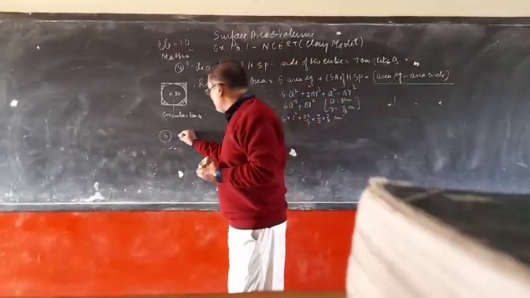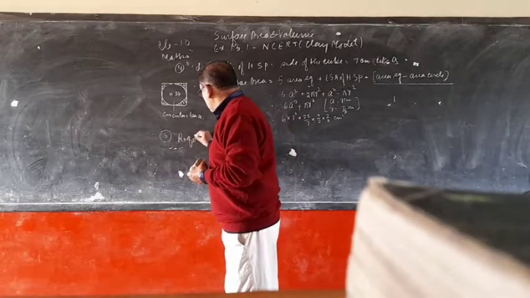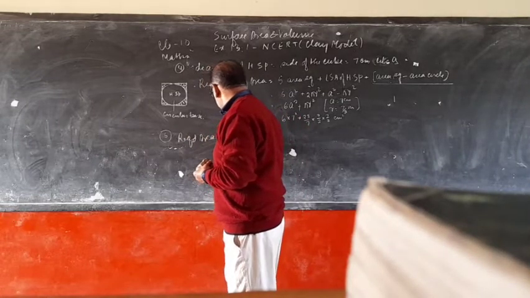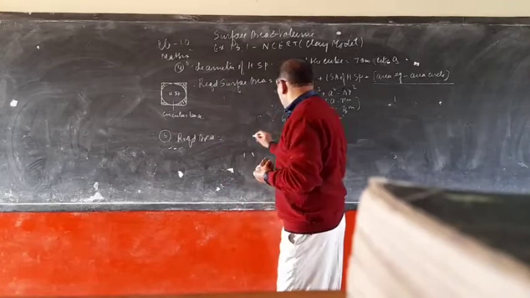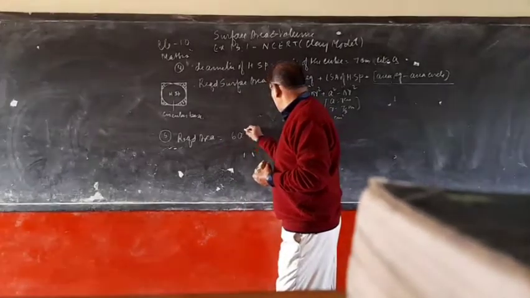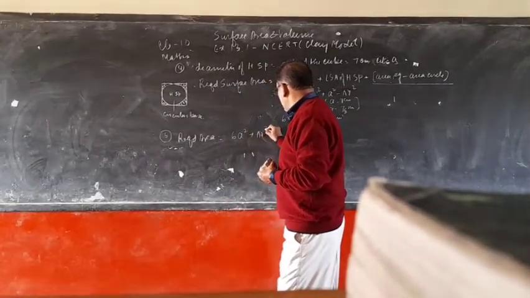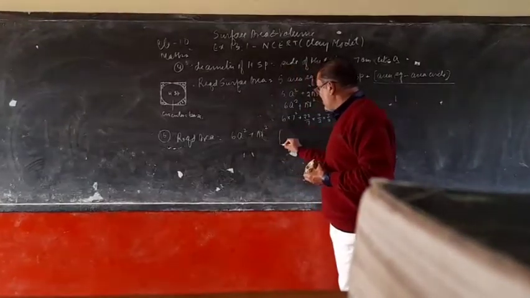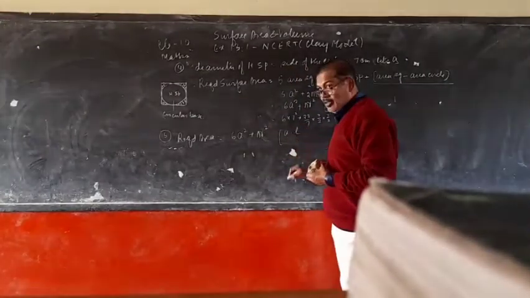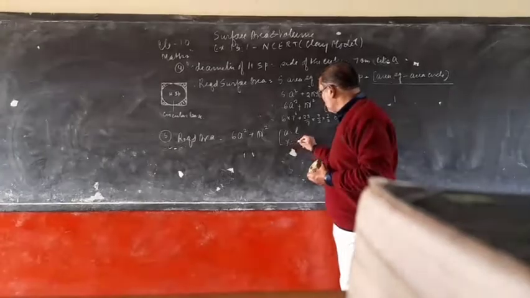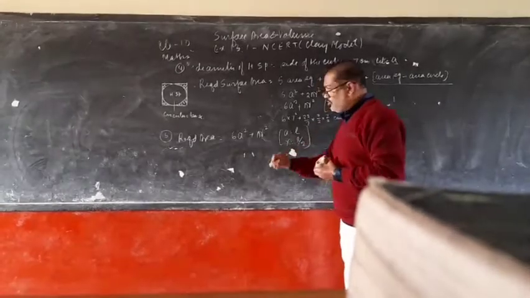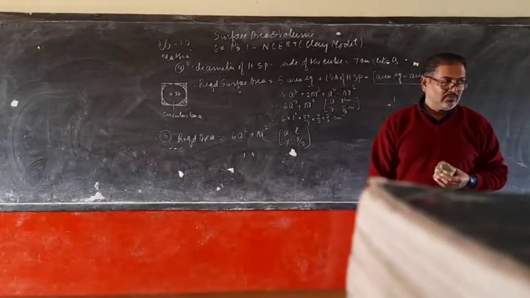Question number 5. What will our required area be? Directly we will come to this formula, 6a square plus pi r square. Here a is equal to L and r is equal to L upon 2. Why?